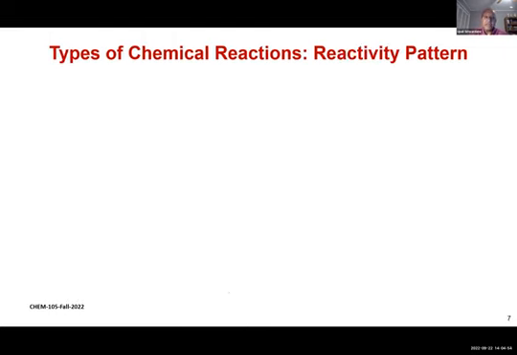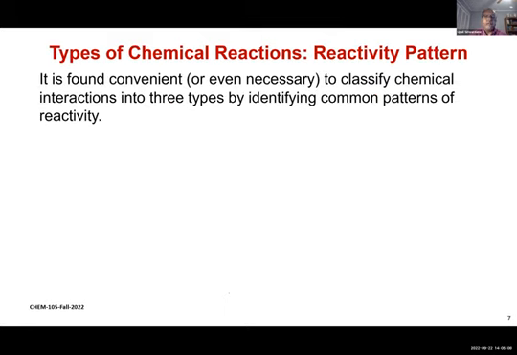Now, chemical reactions also follow certain reactivity patterns of compounds. Compounds have certain properties, so they have common reactivity patterns. Acids react with bases. Ionic compounds form precipitates. Redox reaction, where electrons are transferred, is a common pattern.